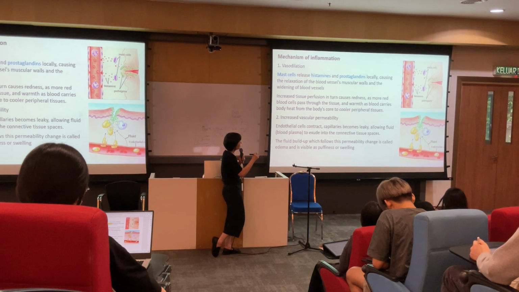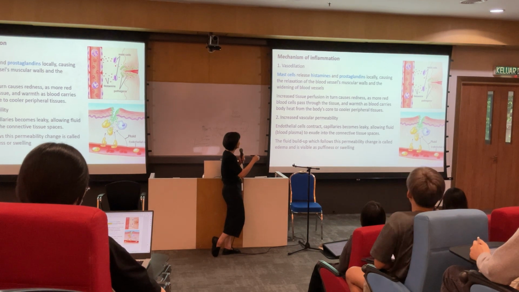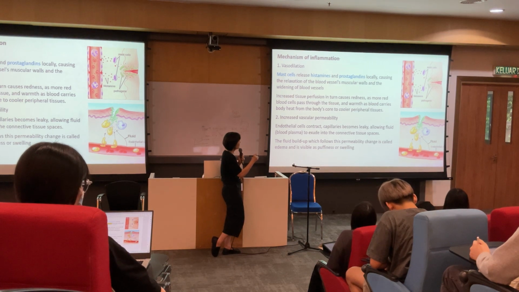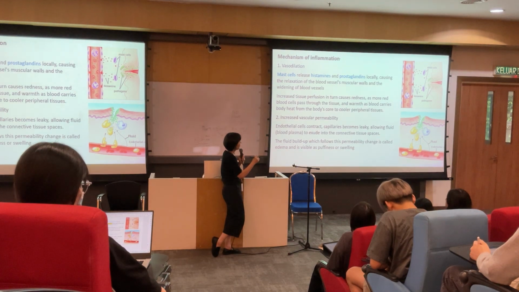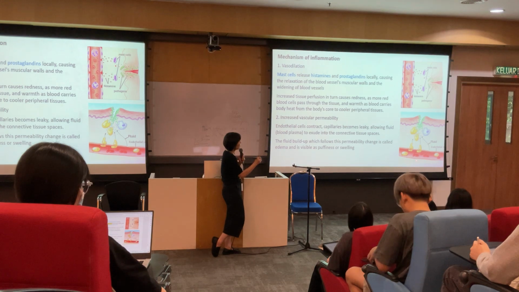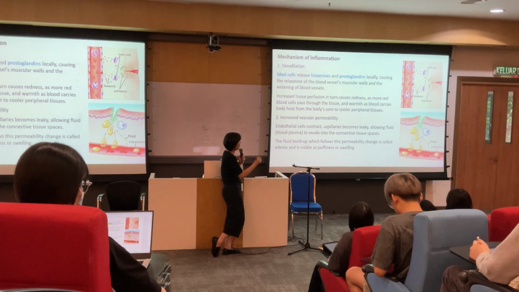How the permeability occurs is through a process which I will explain. Basically, these are endothelial cells. The endothelial cells are lined up next to each other. When they contract, they become smaller, leaving a gap here.